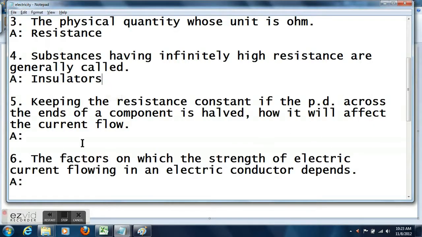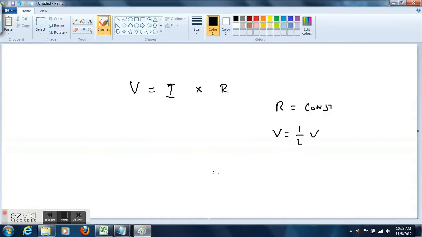Then how will it affect the current flow? Let us assume that the new current flow is I1. Initial current flow was I, so it is 1 by 2 V equal to R, which is constant, into I1. That is the new current flow.